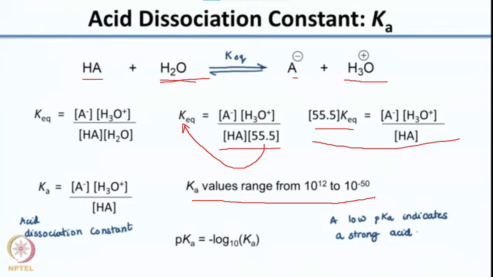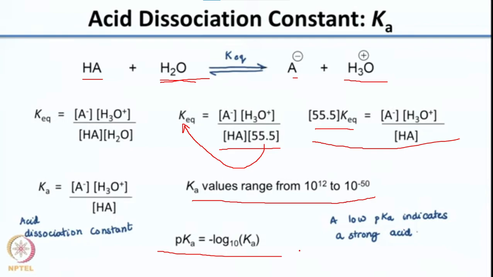Because of this, we express the Ka value in terms of pKa. So pKa is nothing but minus log 10 of Ka. This value indicates the acidity of the substrate or any acid.